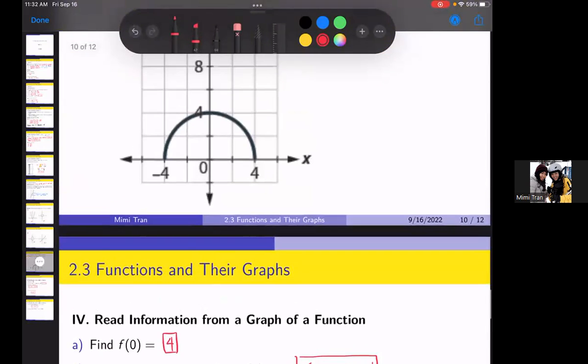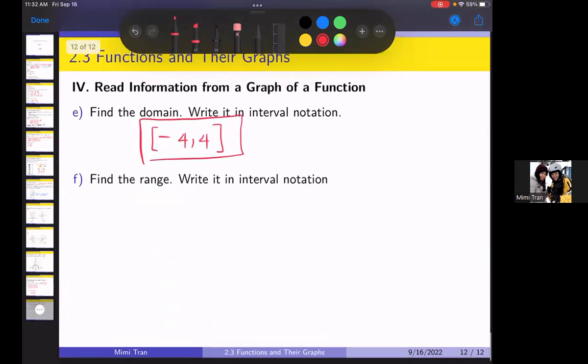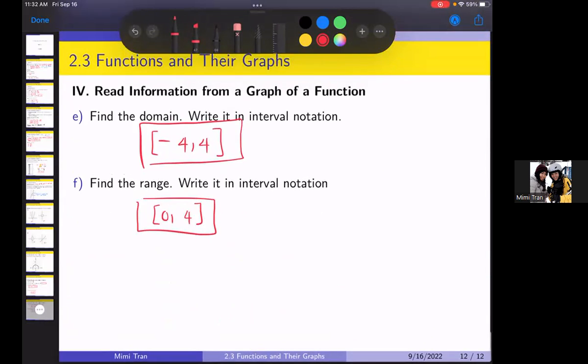Range. Height. 0, 4. So bracket 0, 4, bracket. Bracket means you include the values.